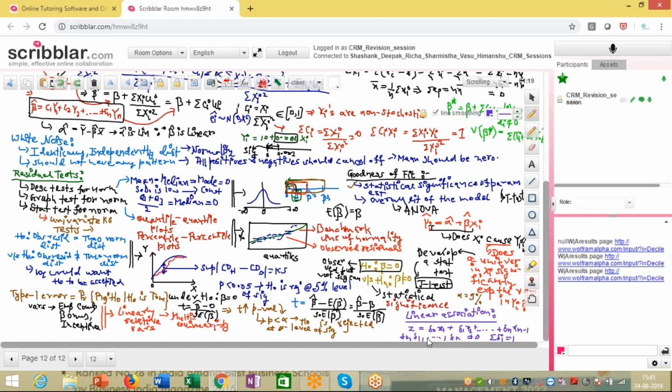Now the next question is: how does this roll down to multicollinearity? If this is a linear association among the variables, how do I explain it in terms of multicollinearity?